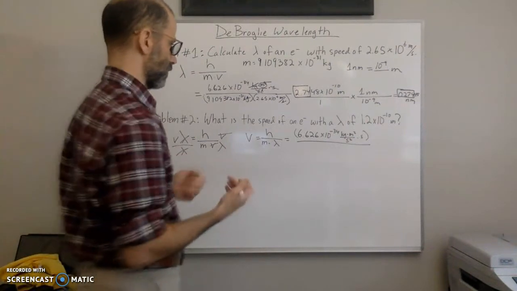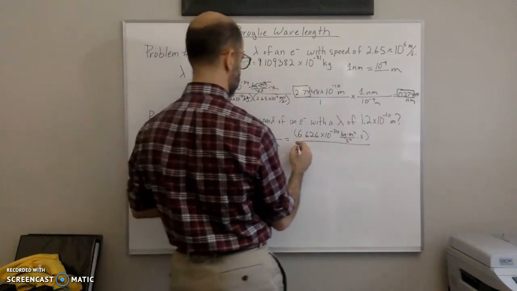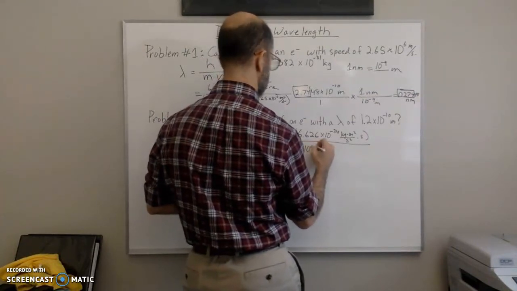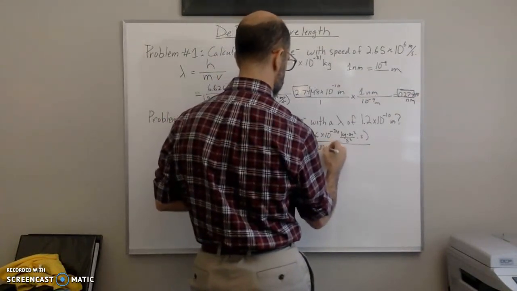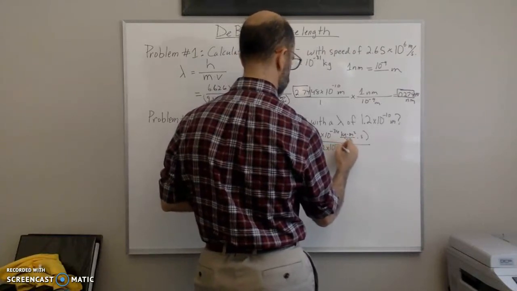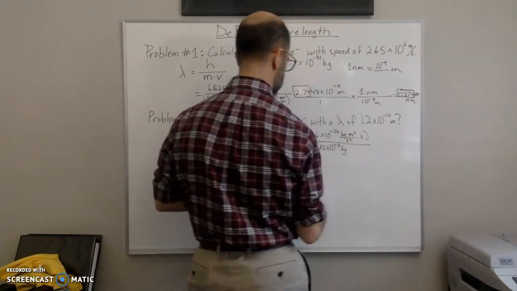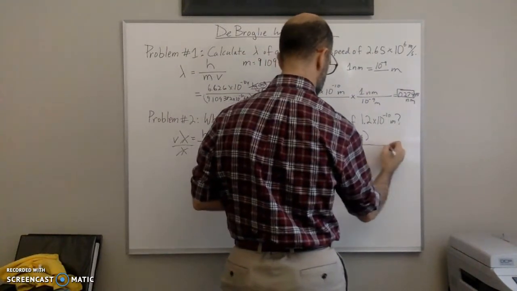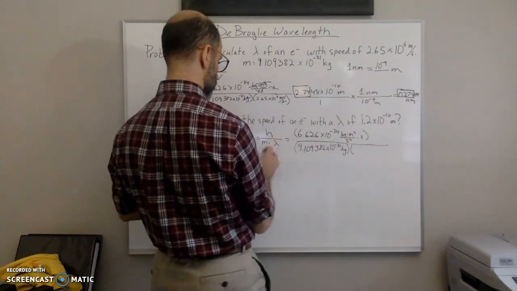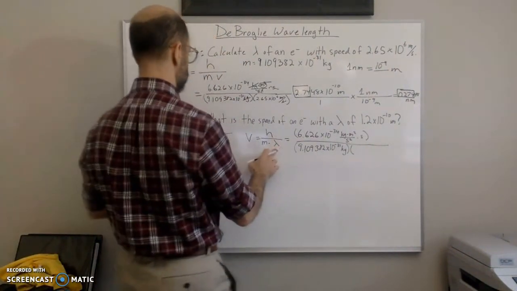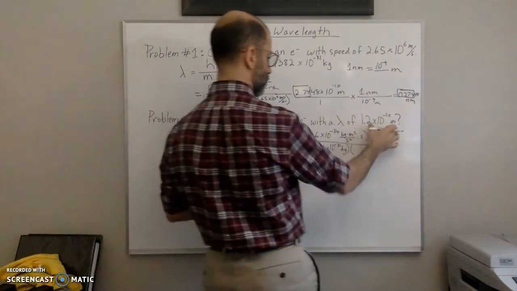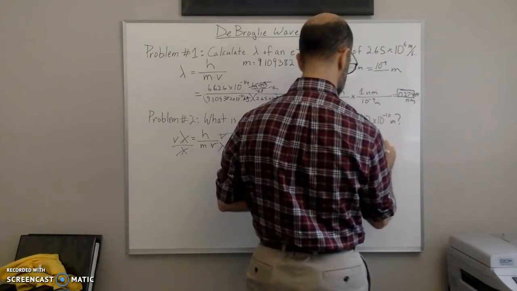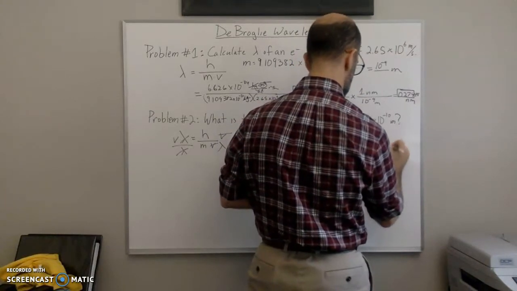Again, we're talking about the mass of electrons, so we're going to use 9.109382 times 10 to the negative 31 kilograms, multiplied by lambda, which is the wavelength they gave us here. So this is going to be 1.2 times 10 to the negative 10 meters.